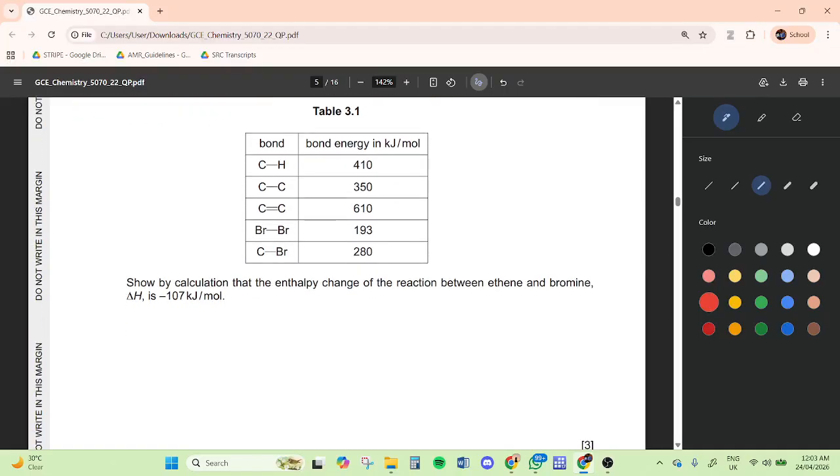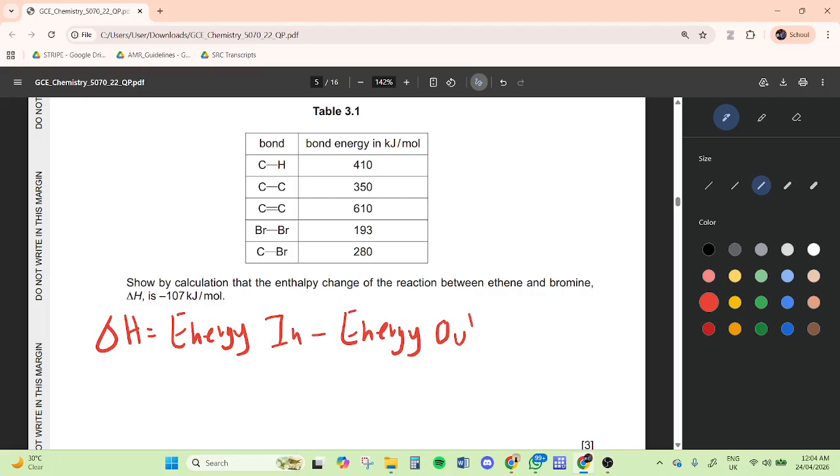Show by calculation that the enthalpy change of the reaction between ethene and bromine is minus 107 kilojoules per mole. So enthalpy change is calculated by, so del H is equal to energy in minus energy out.